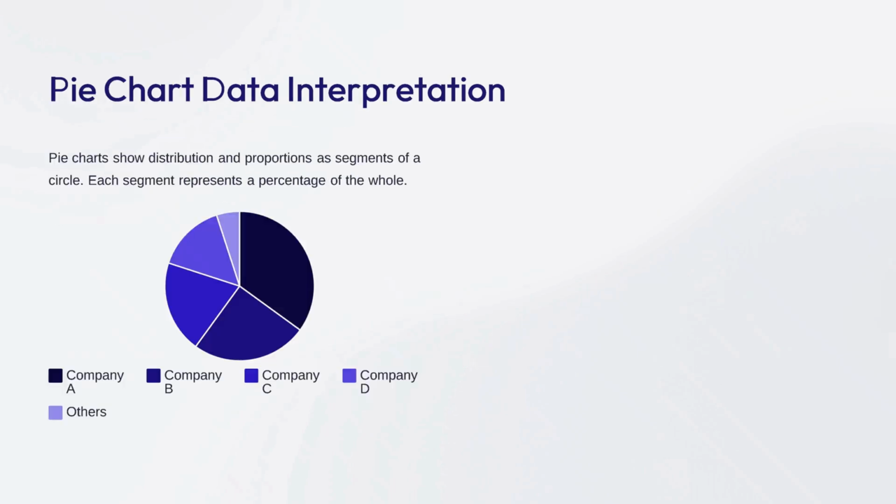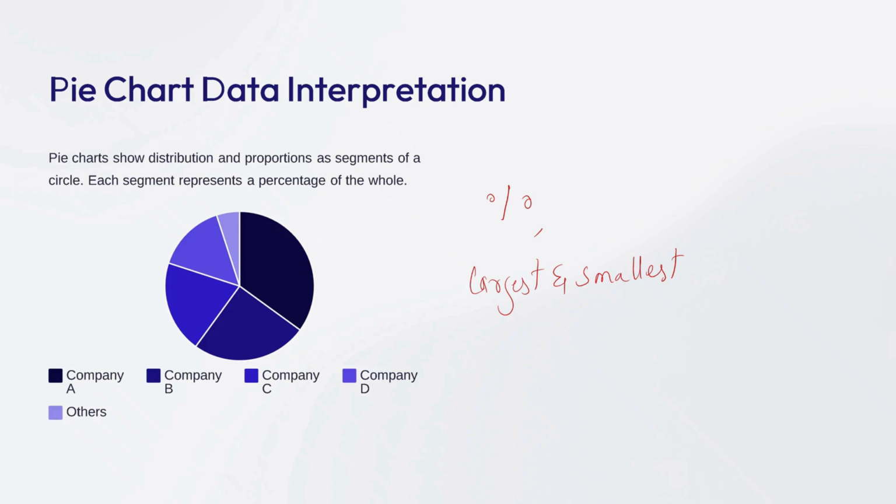And let's move on to pie charts. A pie chart shows the distribution and proportion as segments of a circle. In a pie chart, we have to calculate actual values from percentages, compare relative sizes of segments, identify the largest and smallest categories, and find combined values of multiple segments in the pie chart diagram.